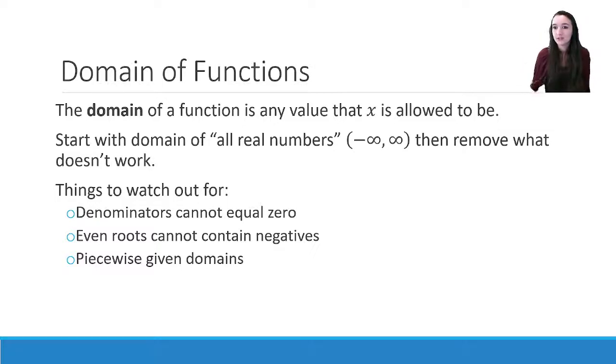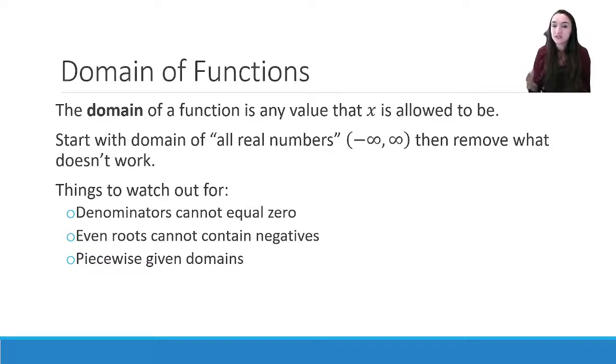So sometimes we restrict our domain not based on the algebra of the function, but based on just being told some information or based on word problem specifics like reality, like we cannot have a negative distance, etc.